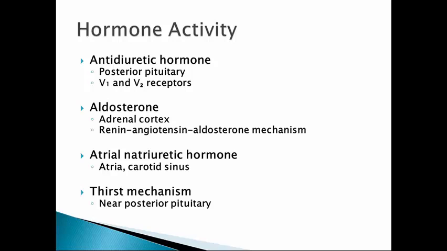So renin is produced by the juxtaglomerular cells in the loop of Henle, and so it's very early in the mechanism. Renin stimulates the production of angiotensin 1.